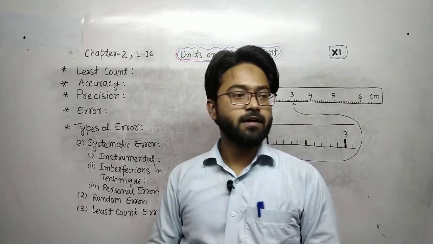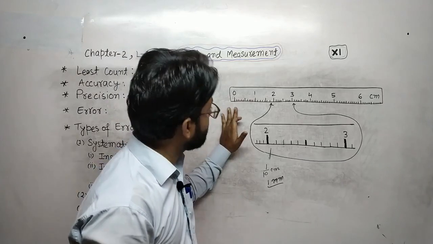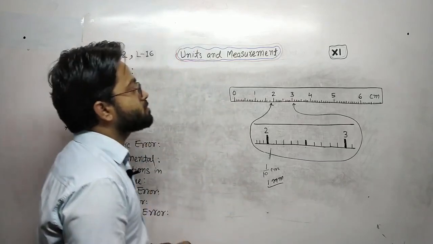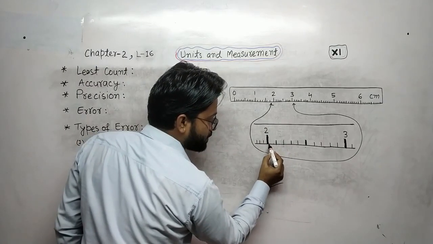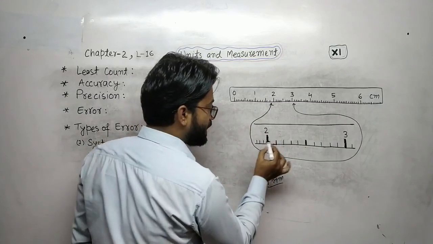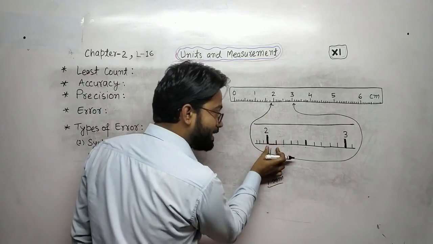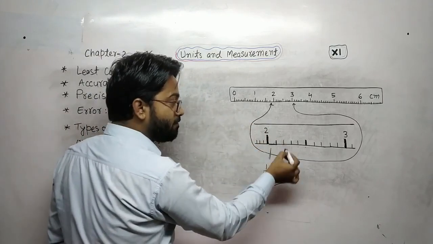Different instruments will have different least counts. Let us suppose every division of this particular scale is divided into 10 divisions.